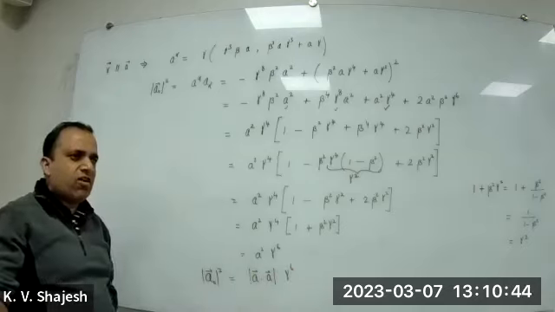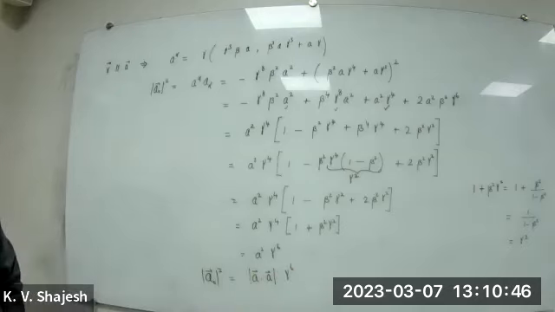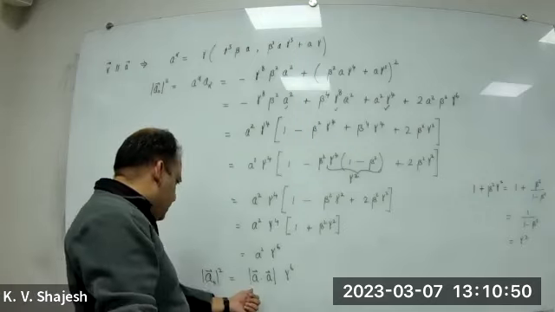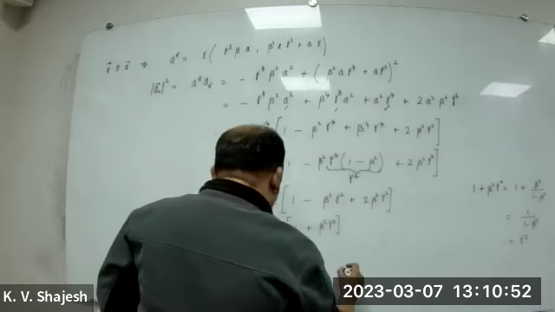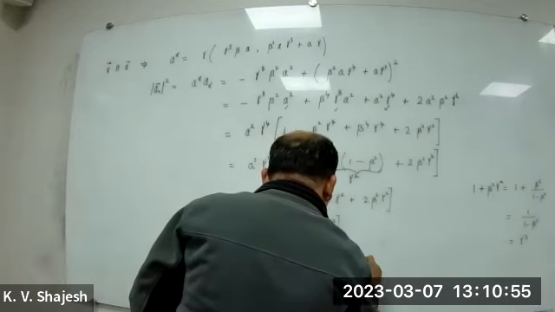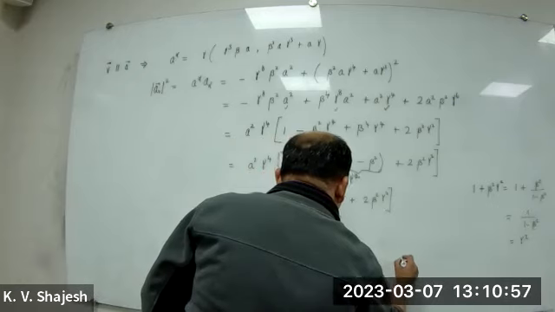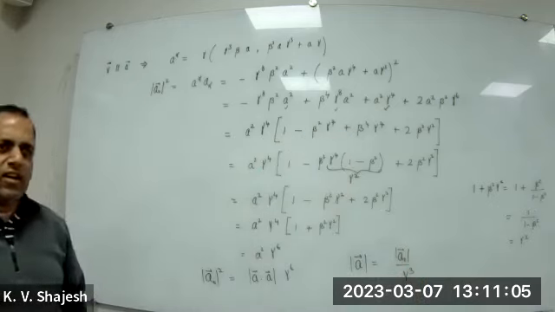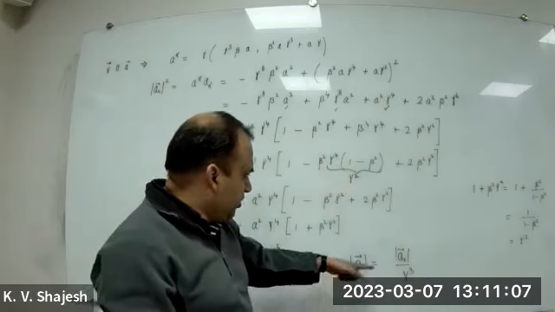We talk about length contraction, time dilation, and what happens to the acceleration in a moving frame. So acceleration in a moving frame is equal to acceleration in its rest frame divided by gamma cube. Right. So in a sense, how does the acceleration change?